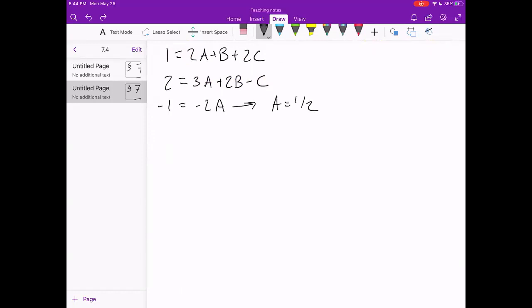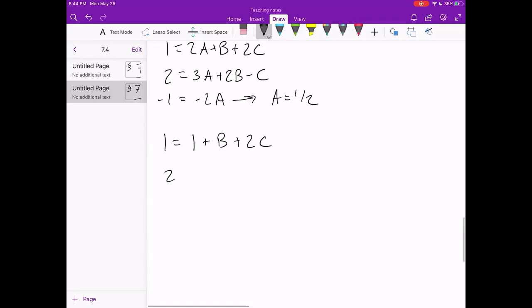So if I plug in a equals 1/2 into the first equation, I get 1 is equal to 2 times a, which is 2 times 1/2. So that is now 1 plus b plus 2c. The second equation becomes 2 is equal to 3/2 plus 2b minus c.